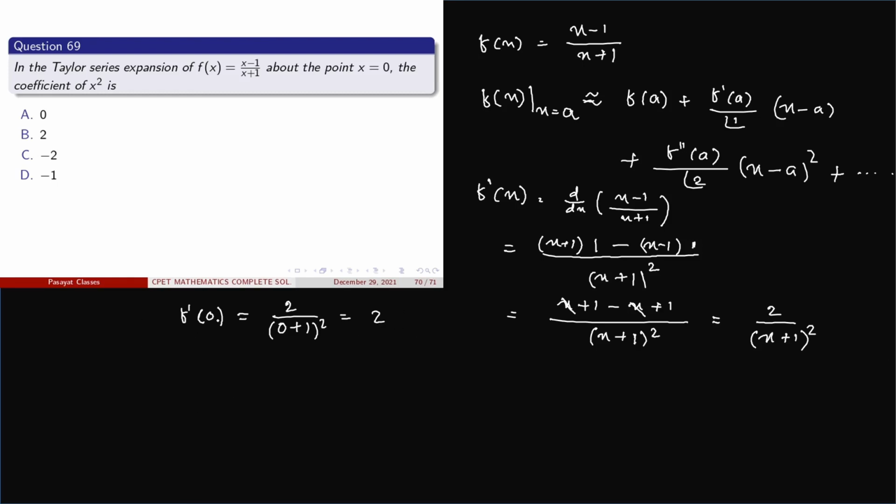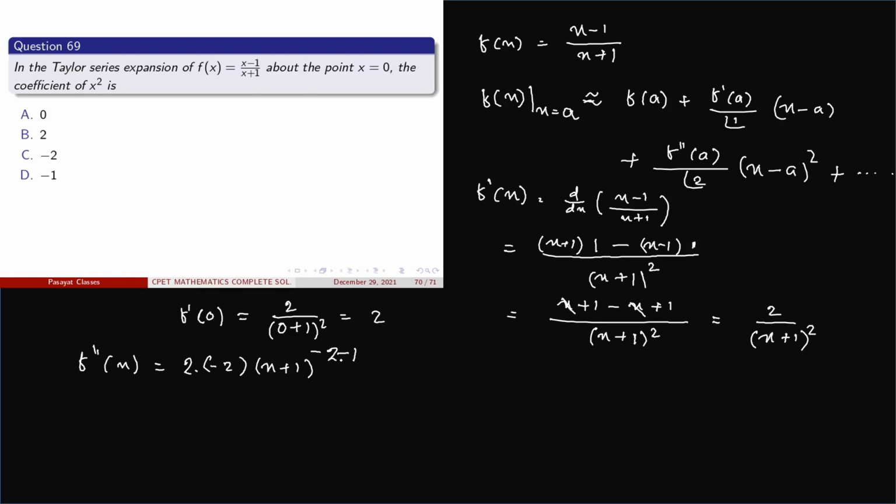Similarly, now we have to find the value of f double dash of x. The derivative of this is 2 into minus 2 into x plus 1 to the power minus 2 minus 1 into 1.